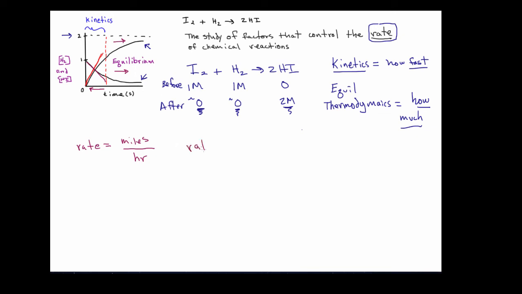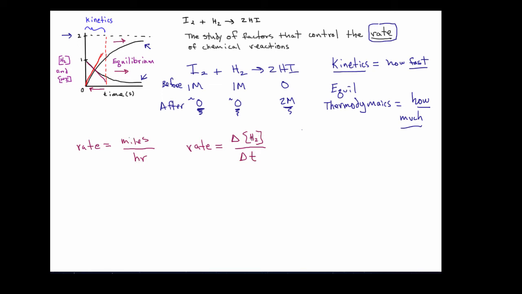Well, in a chemical reaction, what we're going to do to measure the rate is we're going to measure the change in concentration. So in this case, I'm going to put it in terms of the hydrogen. All right. So the change in the concentration of H2 over the change in time. All right, same idea as distance per time.